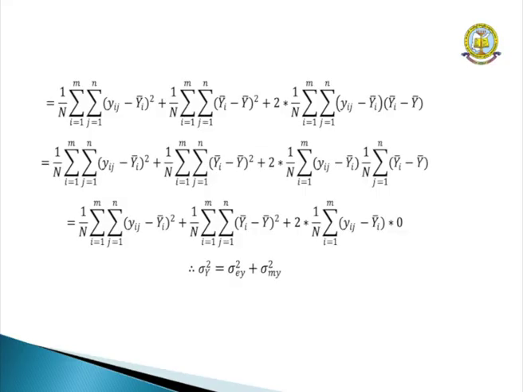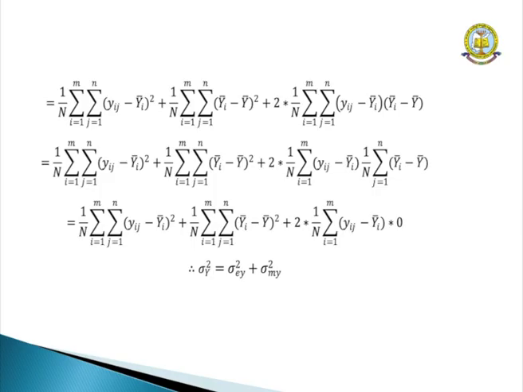This summation is applicable for both functions, so I can segregate the two summations. The first summation is 1 by n, summing over i takes the values 1 to m, of yij minus yi bar, into the sum over j.